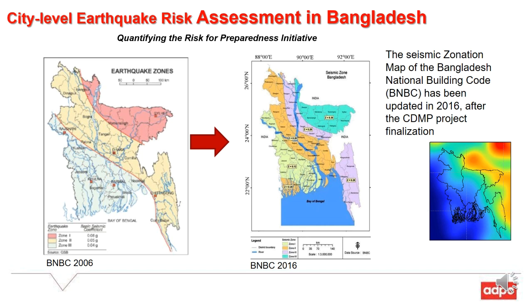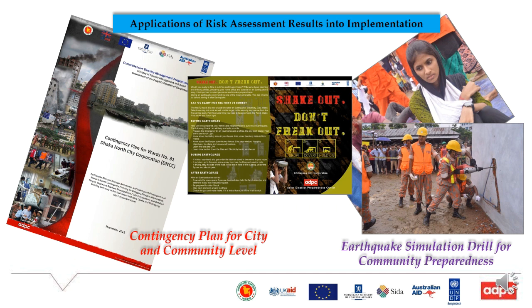If you can see, it almost followed the overall design earthquake that we produced during the CDMP project finalization. So some of the applications of the risk assessment results into implementation: one was, of course, the scenario-based contingency plan for city and community level, and we also did the earthquake simulation drill for community preparedness.